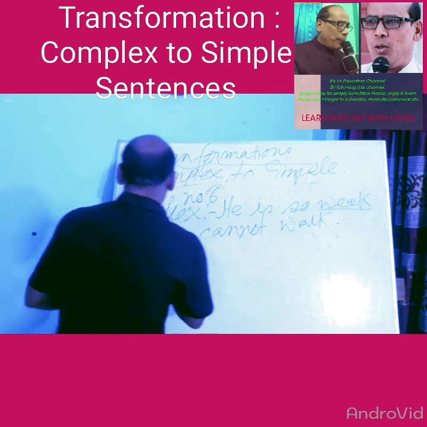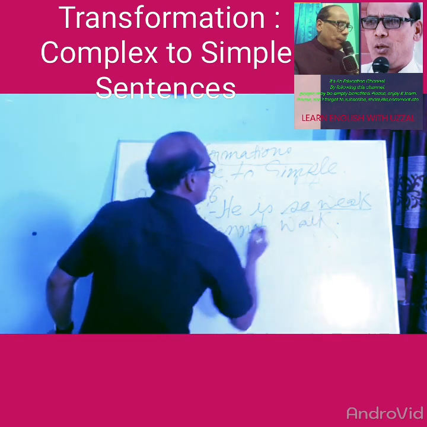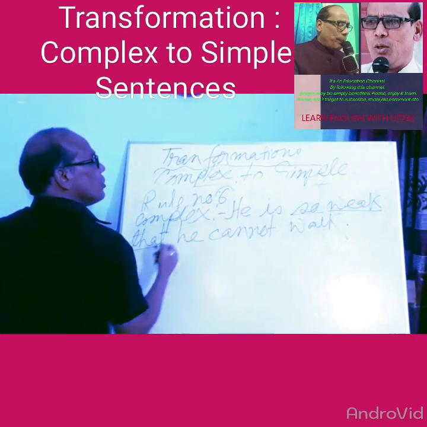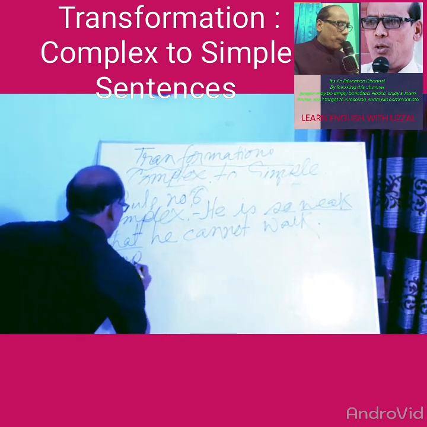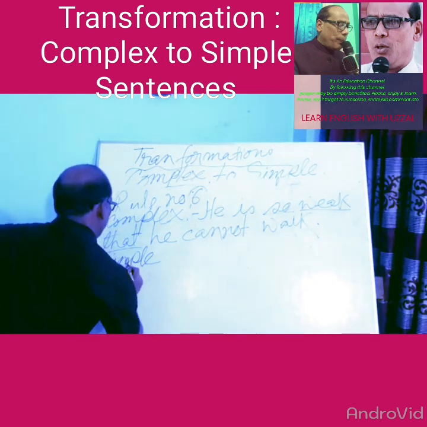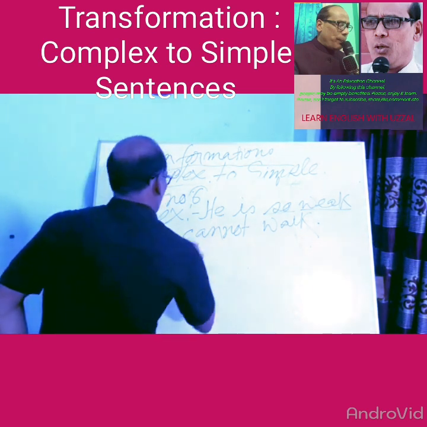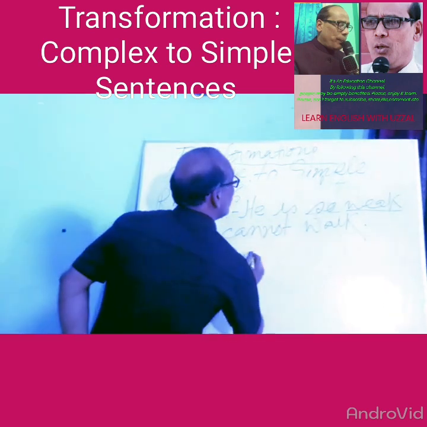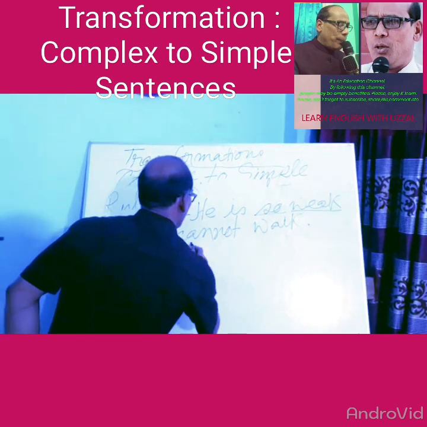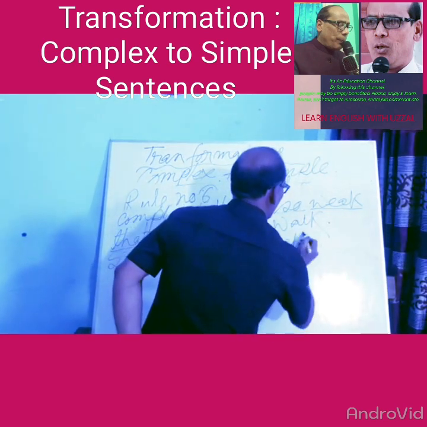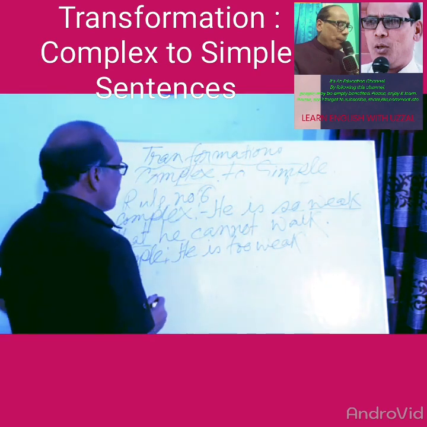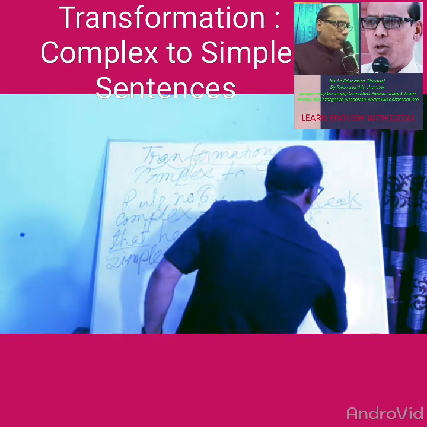So let us turn this into simple. We will have to use "to" in the place of "so". Simple: "He is too weak." And in the place of "that", we will have to use "to".